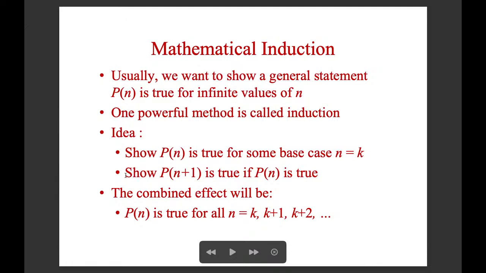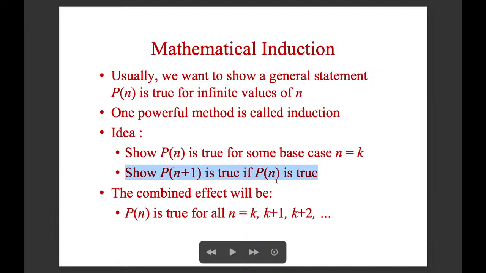What is next is that we are going to show that P of n plus 1 is true if P of n is true. Now notice that this is a very different statement from the original one. The original one is just showing P of n is true without any assumption, without any other knowledge. But here, we are going to show that P of n plus 1 is true under the assumption that P of n is true.